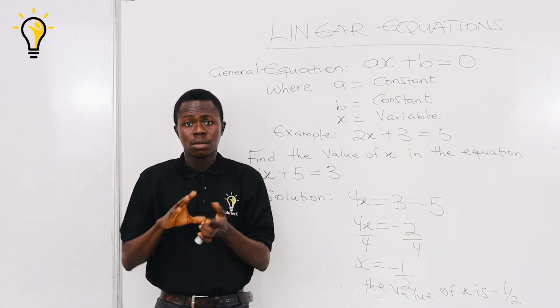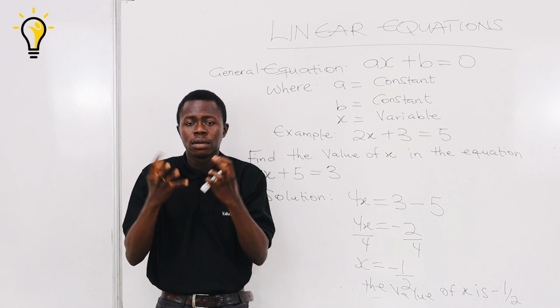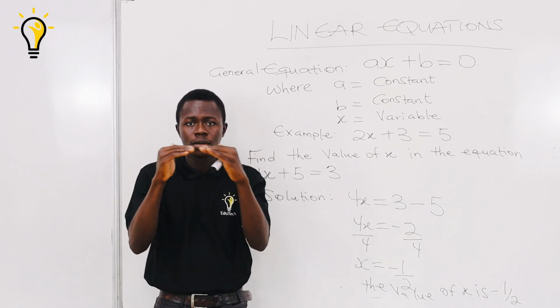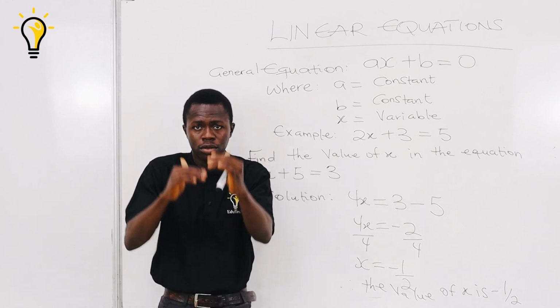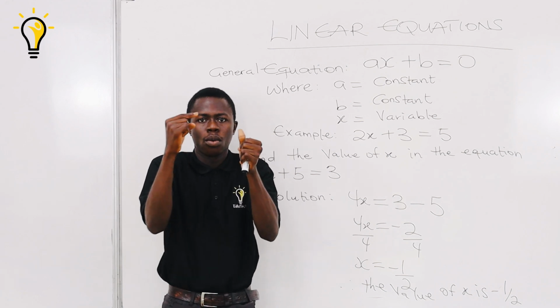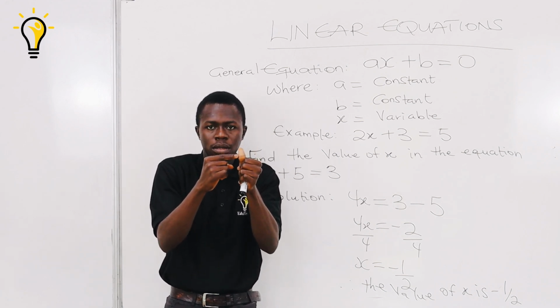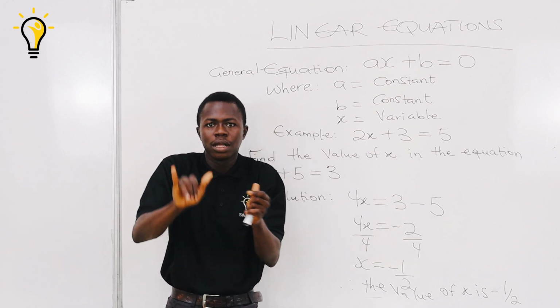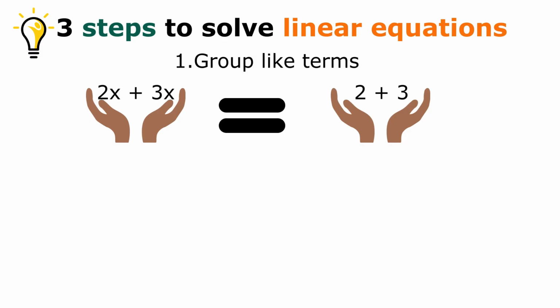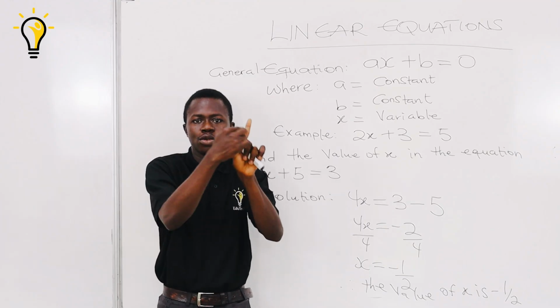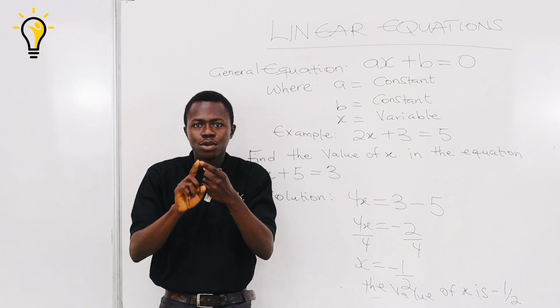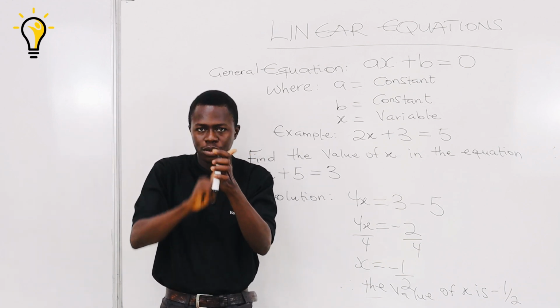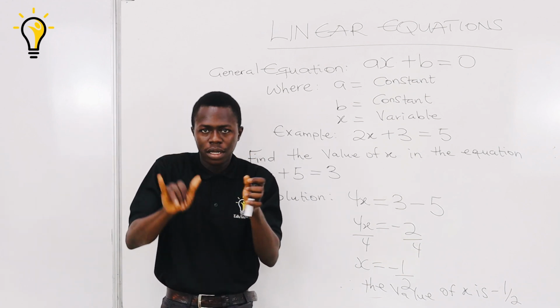So what did we discuss today? We learned that if you want to solve a linear equation, you follow 3 steps. The first one is to group like terms. Then the second step is to add or subtract the like terms.